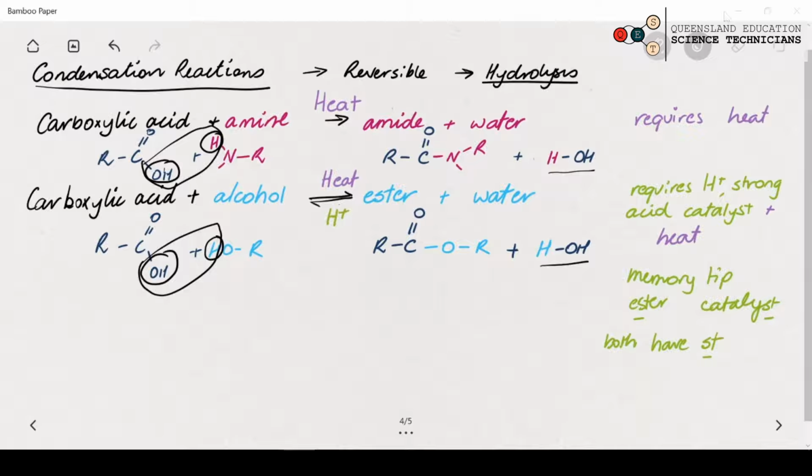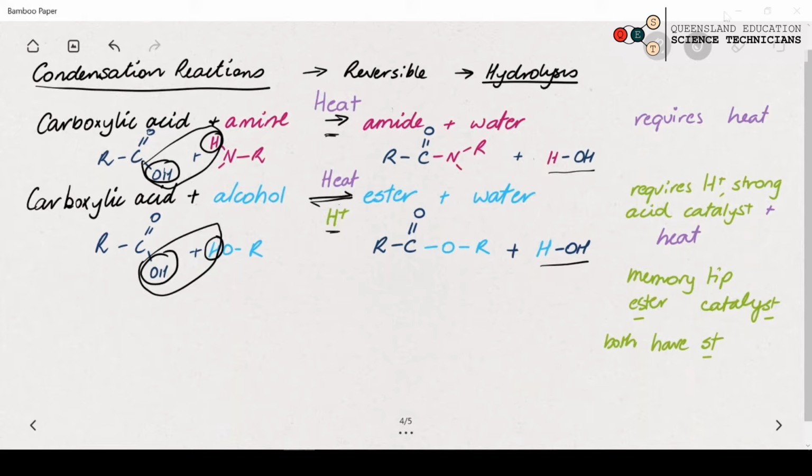If we have an ester forming, we also need a strong acid catalyst. So we don't need a catalyst in the case of condensation of a carboxylic acid and amine to make an amide, but we do to make the ester with the alcohol.